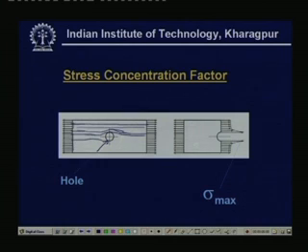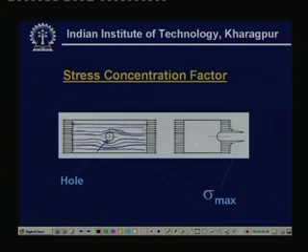Something like this, a similar situation, is synonymous with flow past a cylinder, as you have read in your fluid mechanics courses. This is some sort of streamline if we compare with a fluid mechanics situation. So, we can see the number of stress lines.